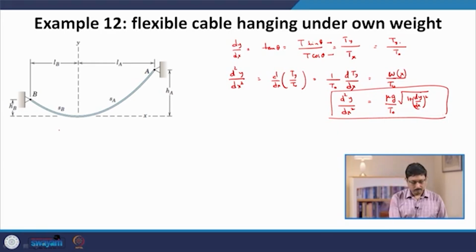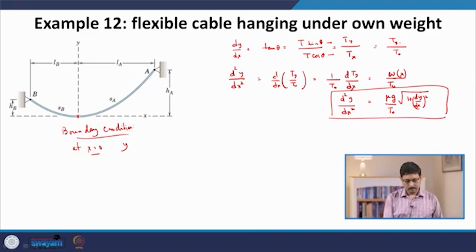Again, to solve this equation, we need a boundary condition. As before, we will choose the origin at the middle, the lowest point of the rope. So there, y equals 0 and dy/dx equals 0.